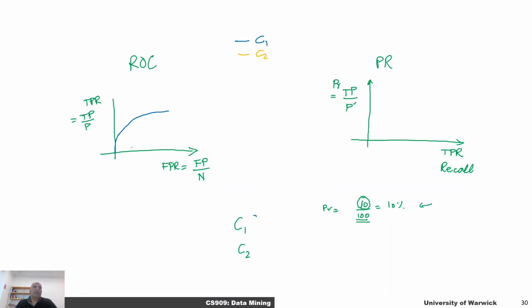Okay, so let's say we plot these two curves like this, and we get these two to match up at the end.